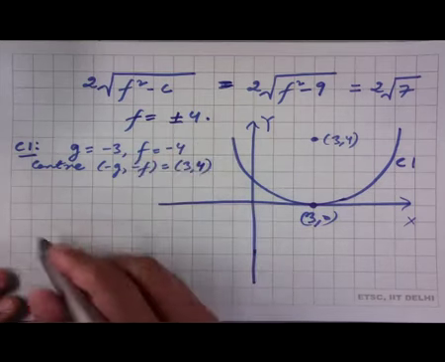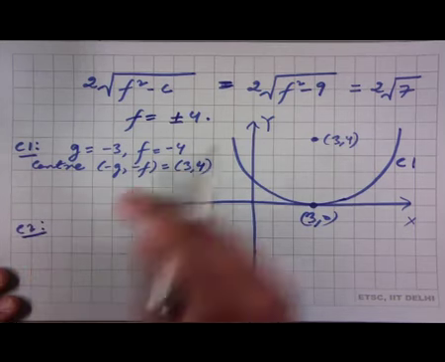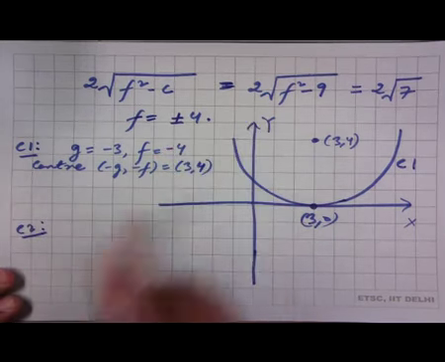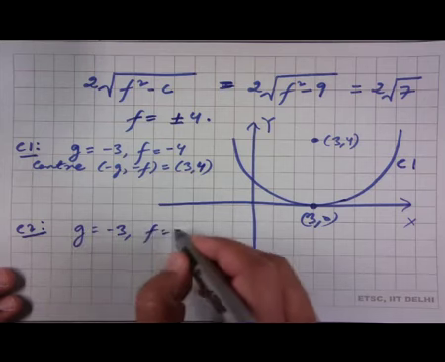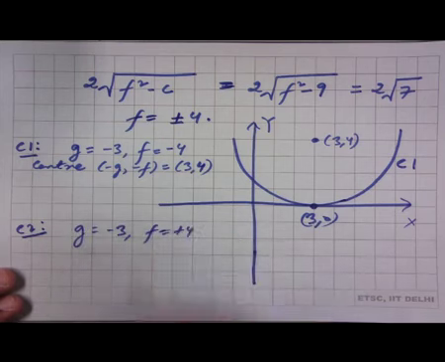And if we take, instead of taking f equal to minus 4, if we take f equal to plus 4, then we get the other solution.